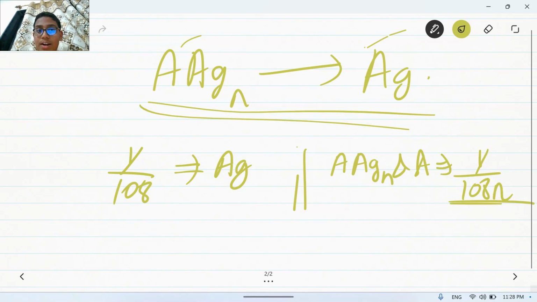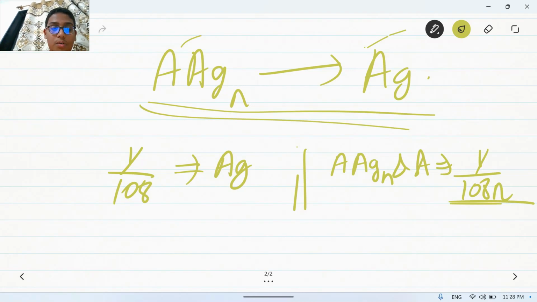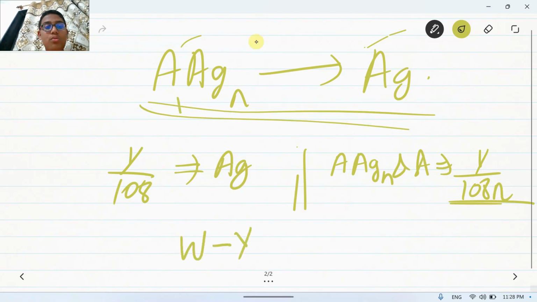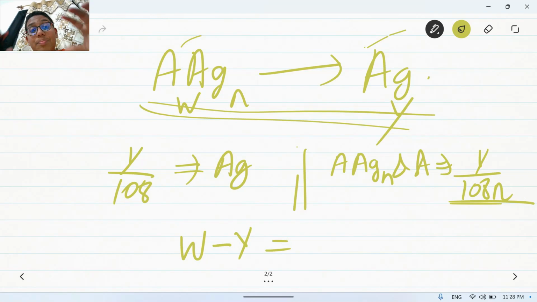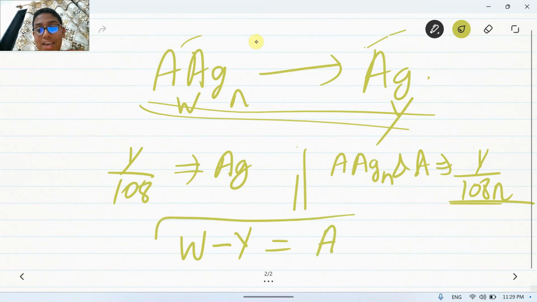That's why this value is coming. Okay. Now, we are going to focus on W minus Y. What will be this value? If this is W and this is Y, W minus Y will be AgnA minus Ag. We are subtracting the mass of Ag basically from the whole AgnA's mass. So it will give us the mass of A. Okay. This is important.